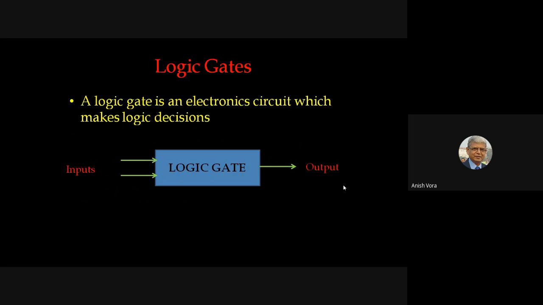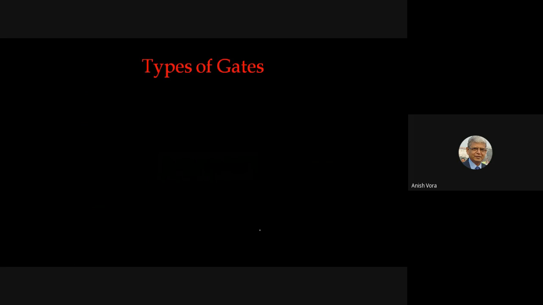In all other gates we have 2, or in some of the gates more than 2 inputs are also possible, and we have one output. So this is our basic block diagram of the logic gate, and based on the input condition we can have different outputs. So that is the logic gates.